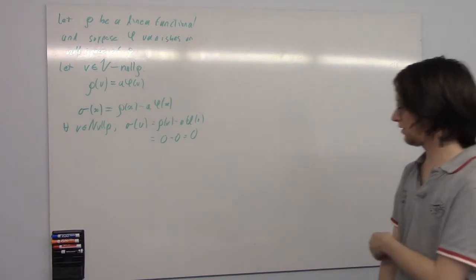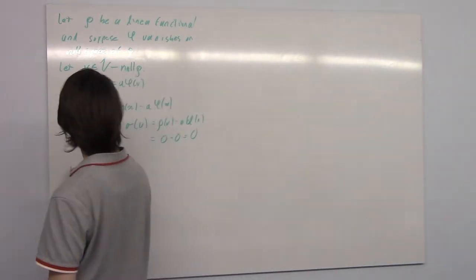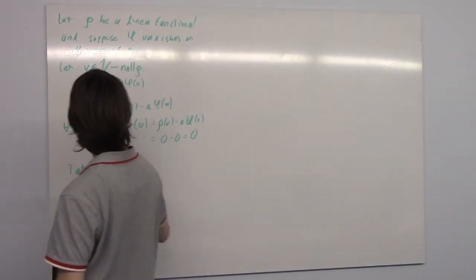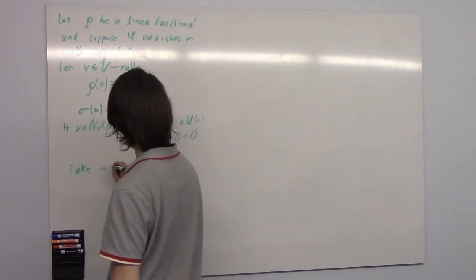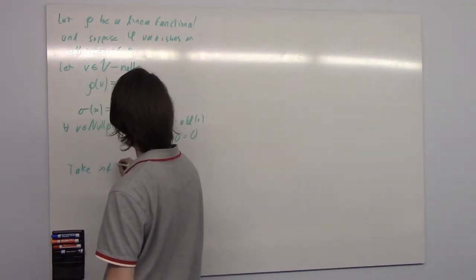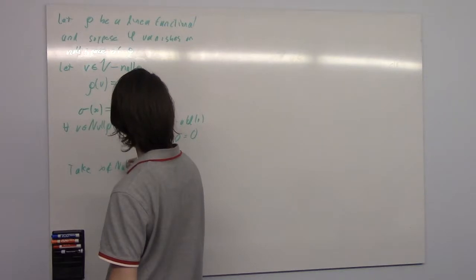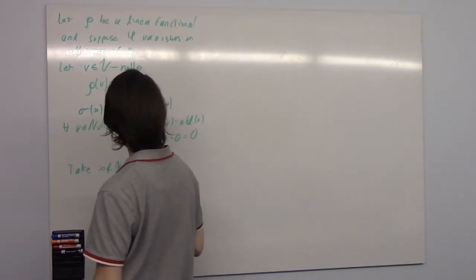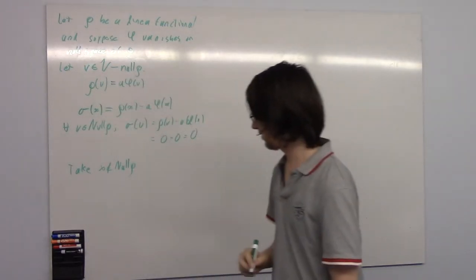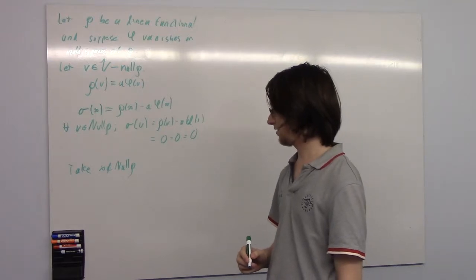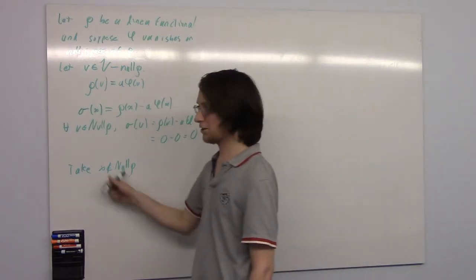Okay, so next, take x, not an element of the null space of rho. Well, we know that this is codimension 1.